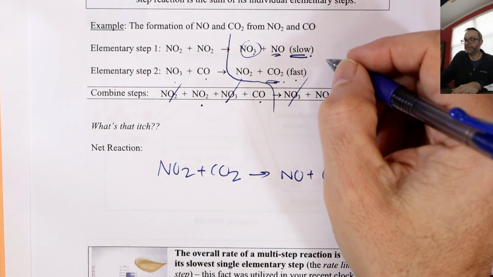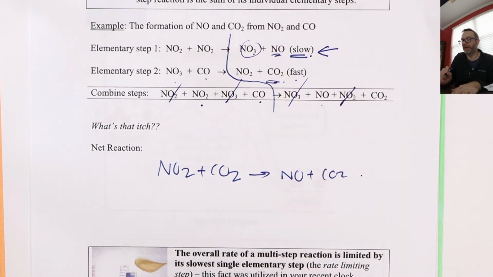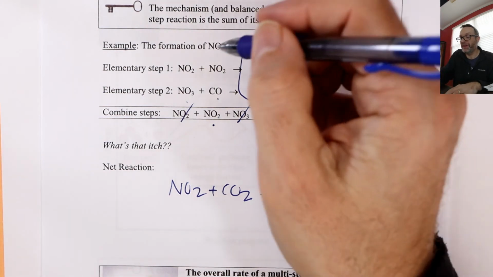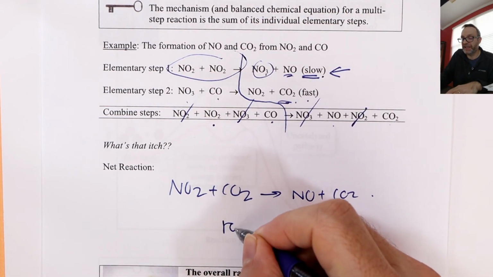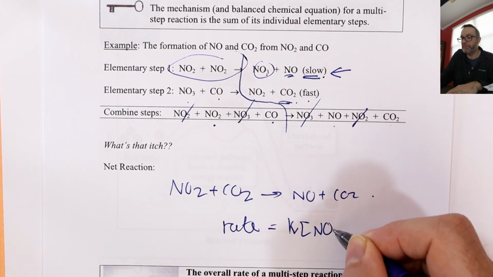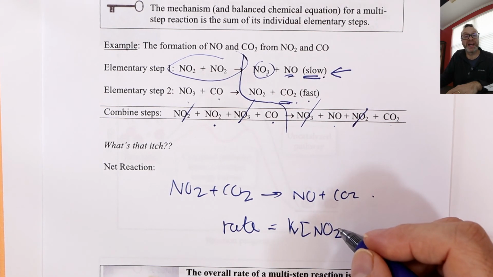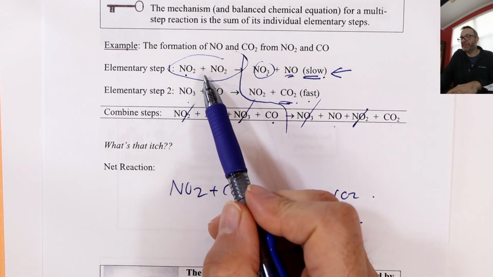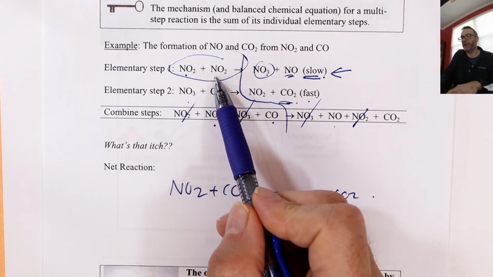So if I look here, this is the slowest step, right? Because that's the slowest step, it's the one that counts, right? So I've got these two reactions. I'm going to say rate is probably this. If we did the experiment, I'm going to bet most of my current salary it is this, right? Because this elementary step is the slow one.